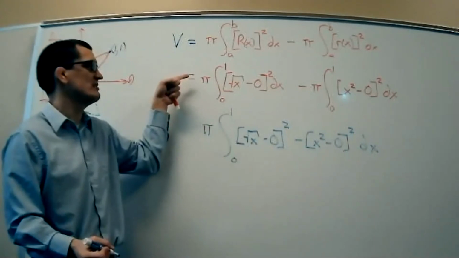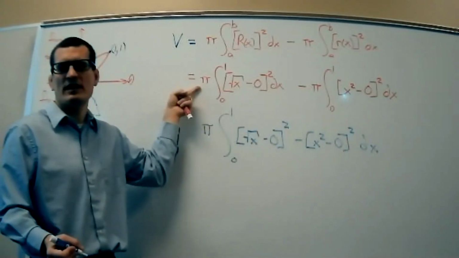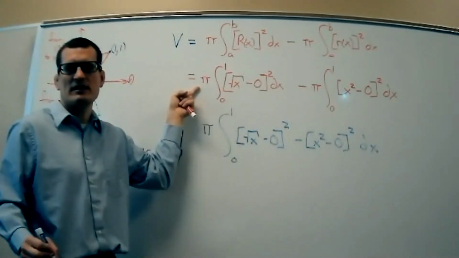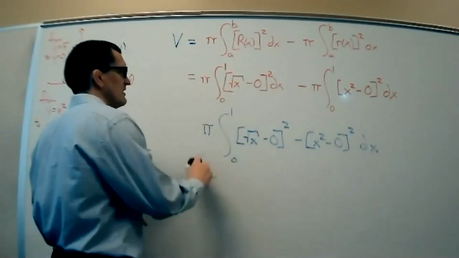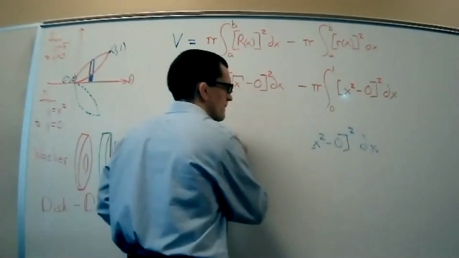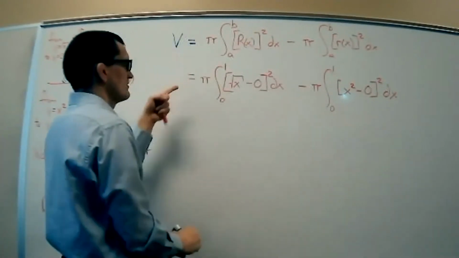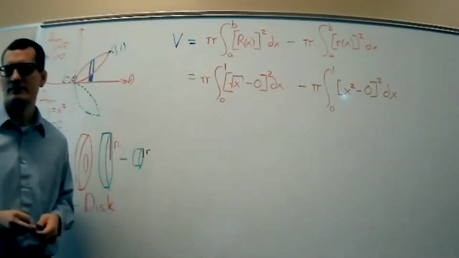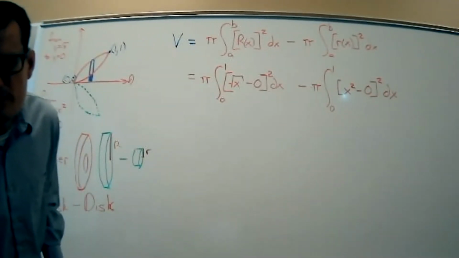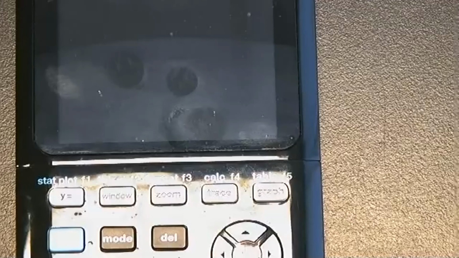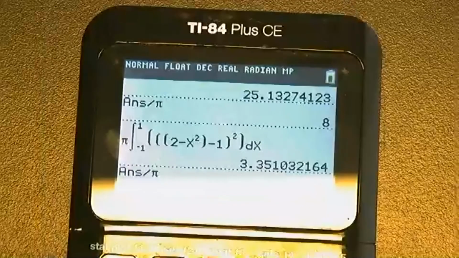But I think it's just as easy to plug it in this way into a calculator. So this is the way I tend to do things. So that's what I'm going to do right now. Plug it into my calculator, get an answer.